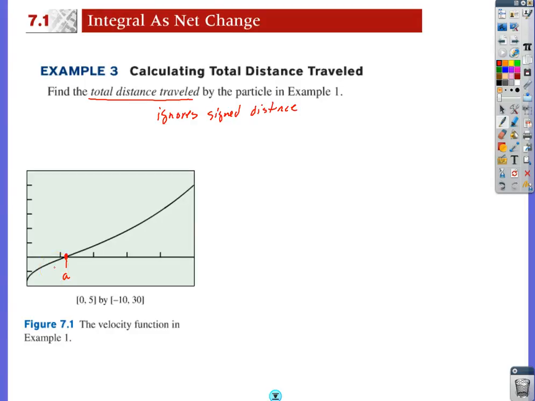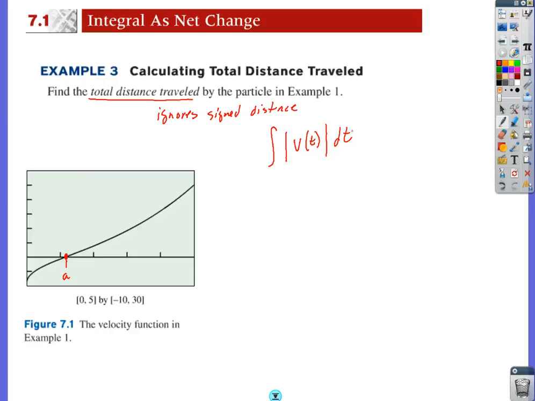What function gives me that, where it changes everything to positive? Well, that might be the integral, because I know I still have to find area. But it's the absolute value of velocity dt. And you can go ahead and plug that into your calculator and find out what it is.